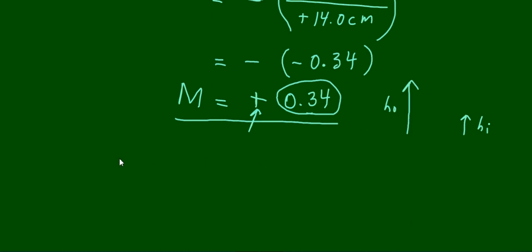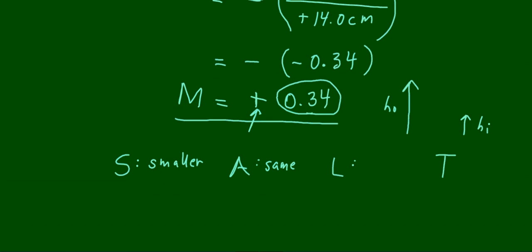So, if we take a look at the thin lens equation and the results of the magnification equation, we can complete our properties of the image by looking at size, attitude, location, and type. The size is smaller. The attitude is the same as the original.